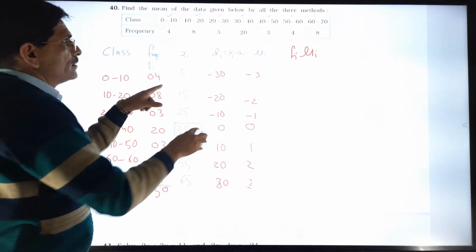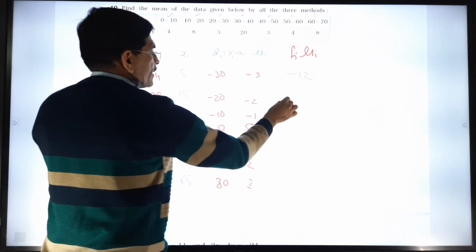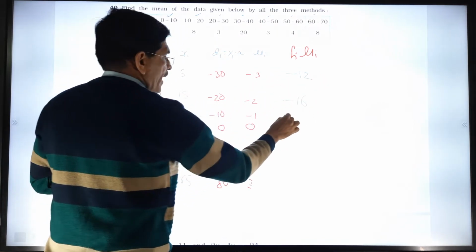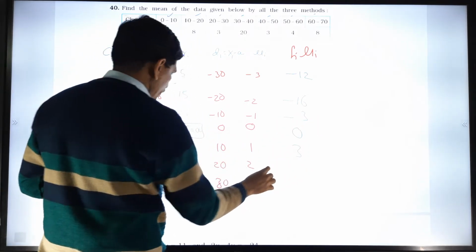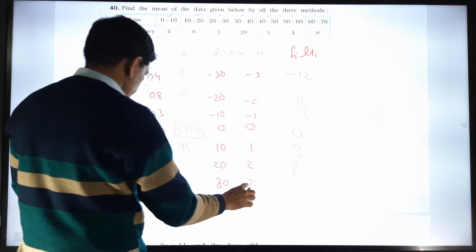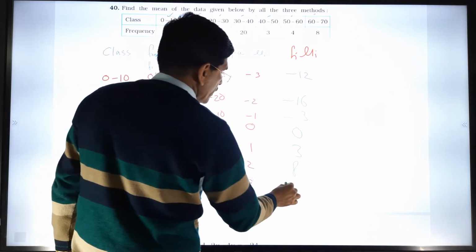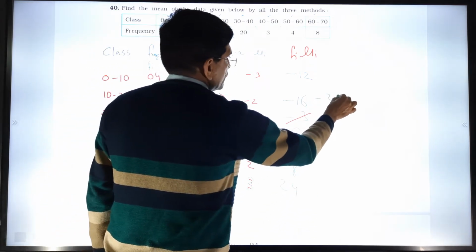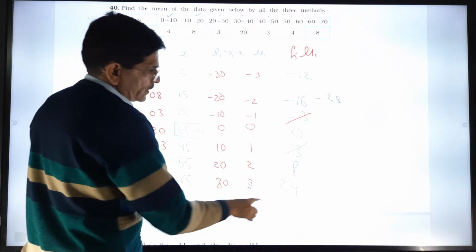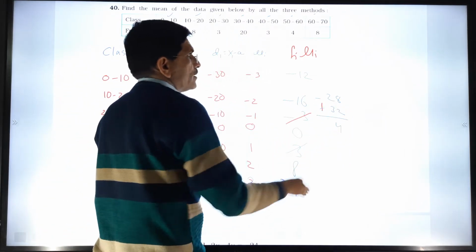Minus 12, minus 16, minus 3, 0, 3, 8, and here 3 is there, so 24. Again this cuts, minus 28 plus 32, so plus 4.